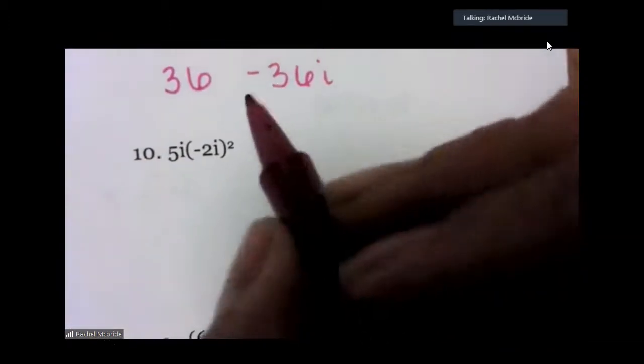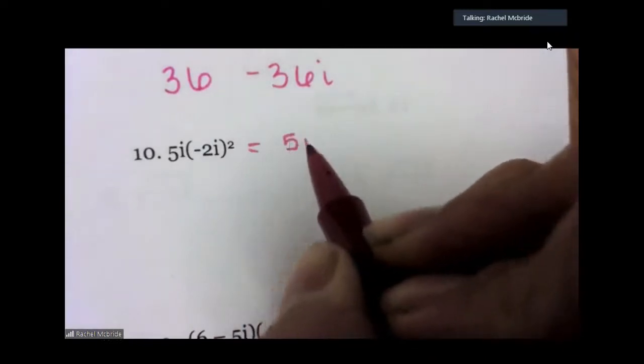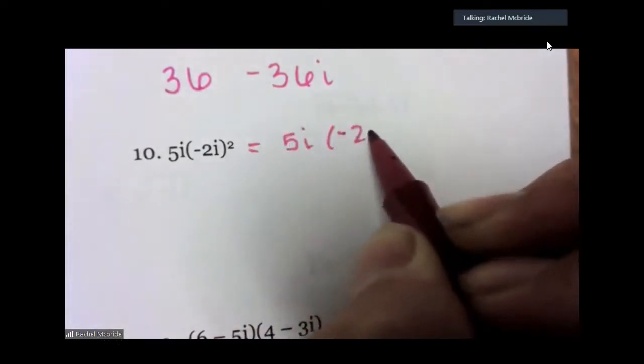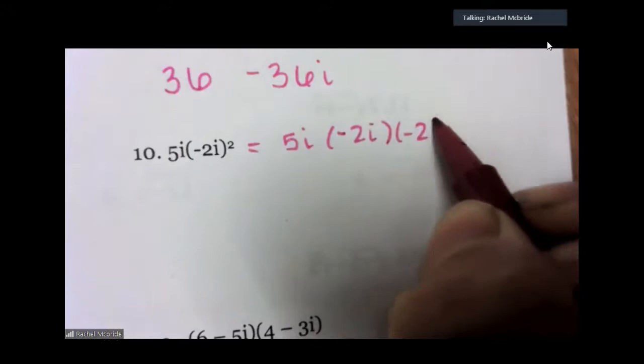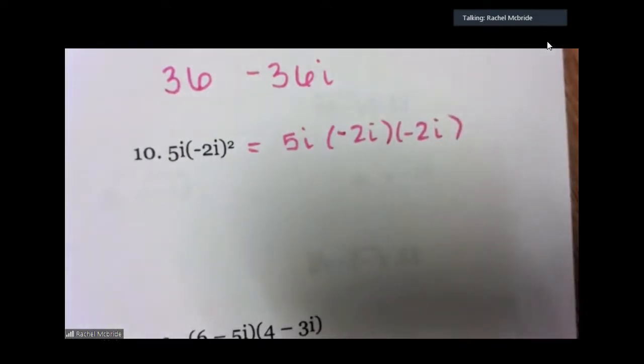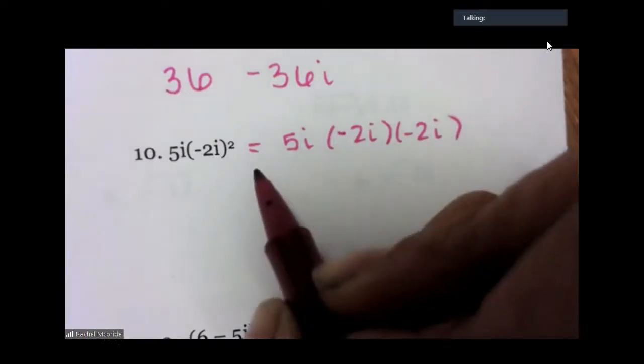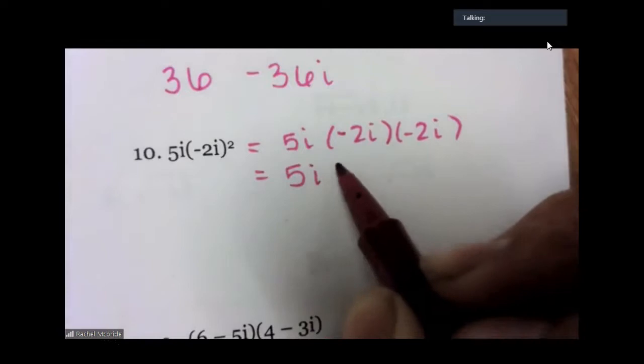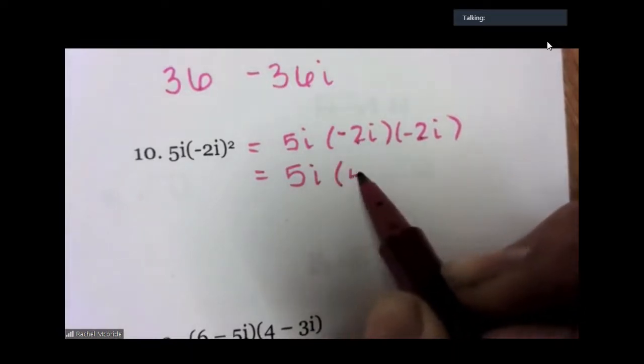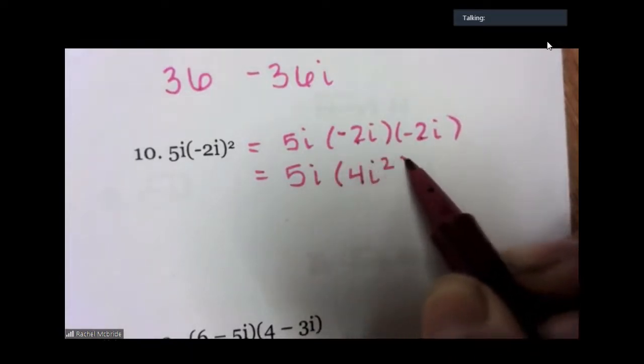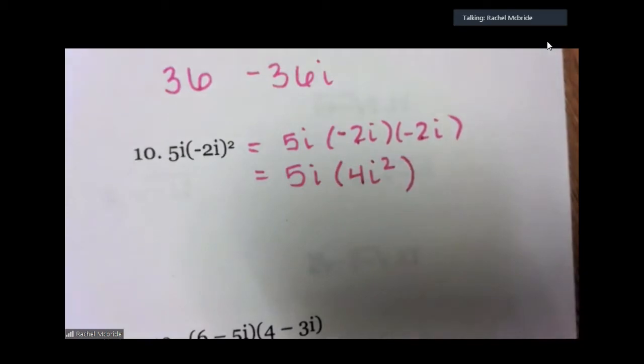Number 10, same idea. That's really like 5i times negative 2i times negative 2i. So a negative times a negative is a positive.